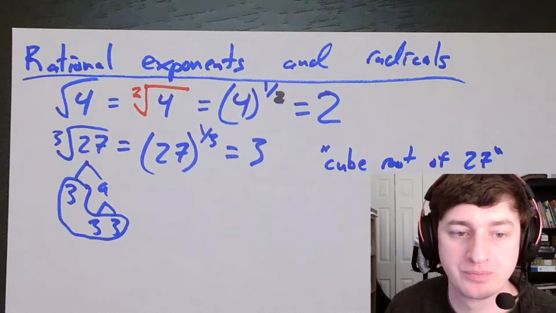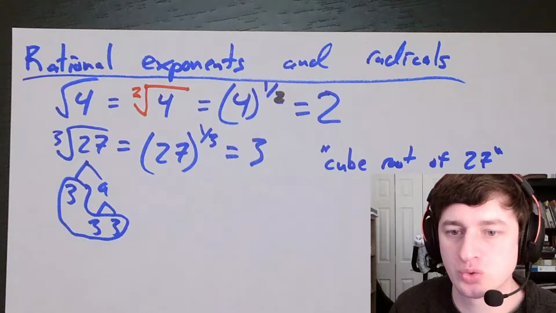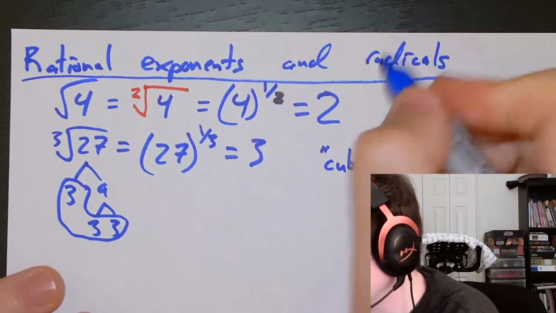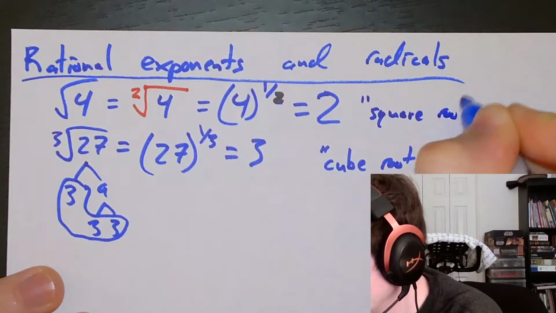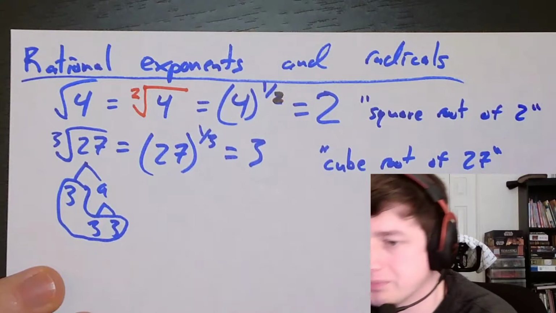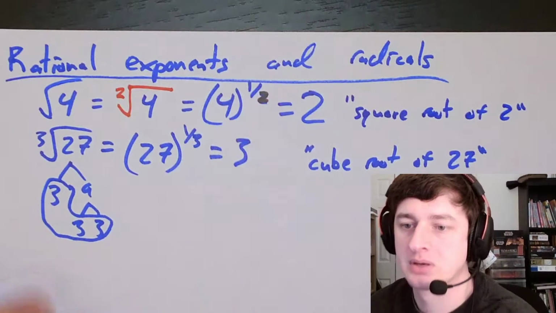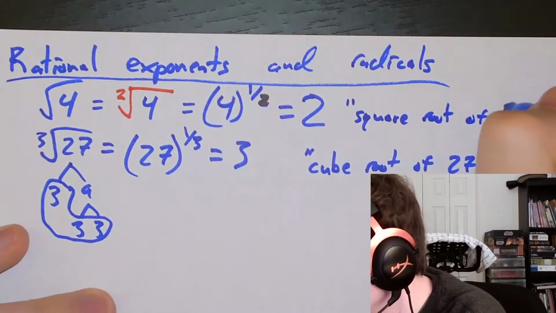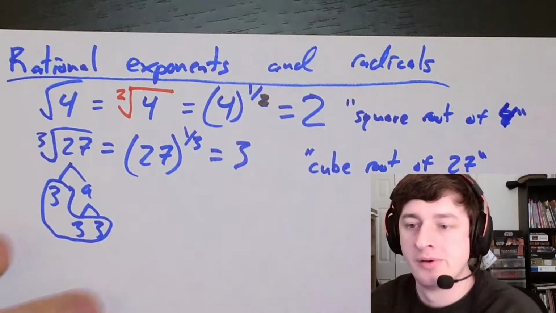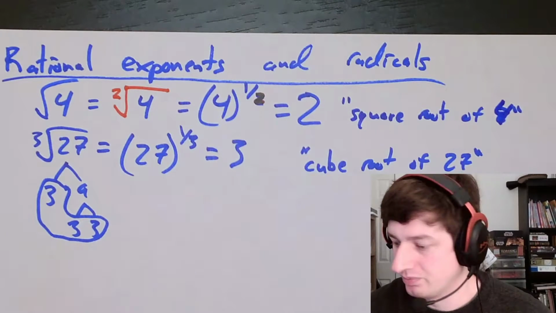But the cube root is a special one, just like the square root. This would be the square root of 4. Goodness. Misspeaking a lot.